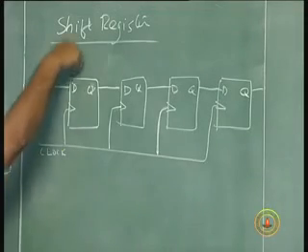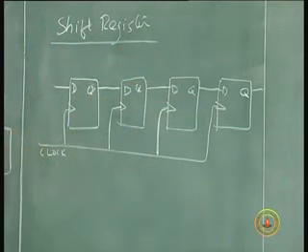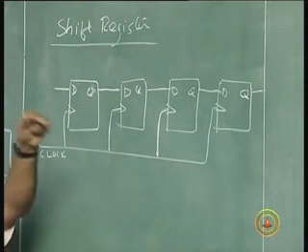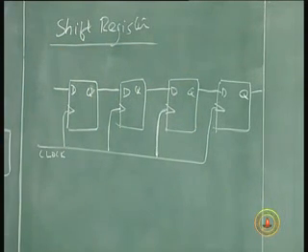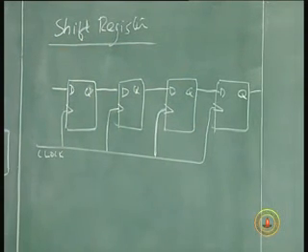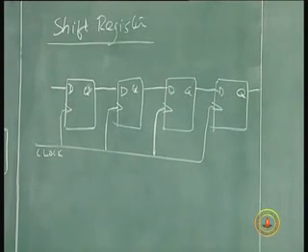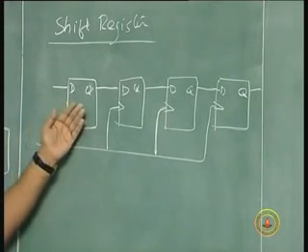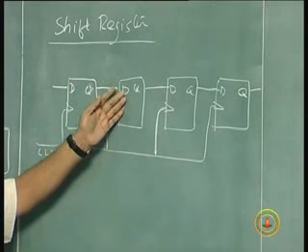Instead of putting the data simultaneously in all these flip-flops, I am now connecting the output of the first flip-flop to the input of the second flip-flop, the output of the second to the input of the third, and so forth. Now, whatever data I put, after every clock pulse, that data will shift to the next flip-flop, right?